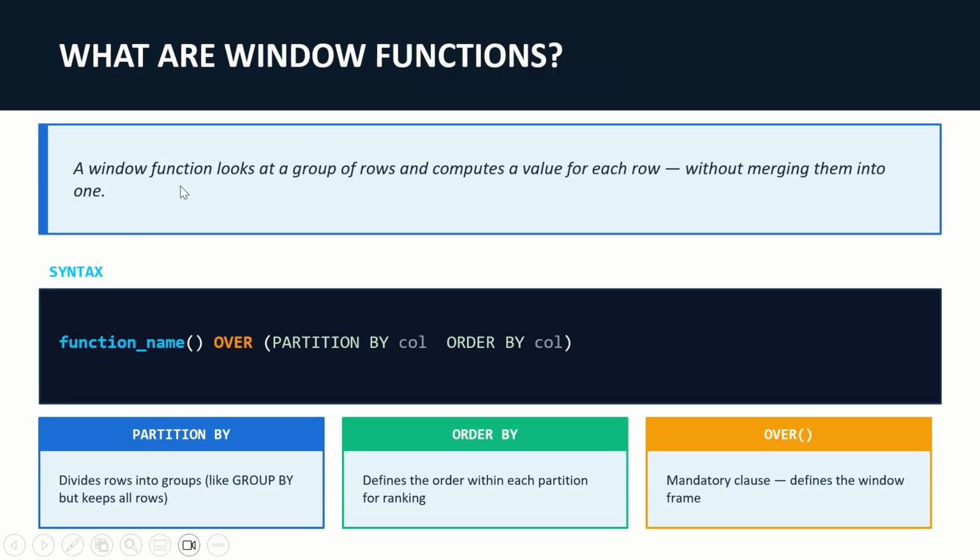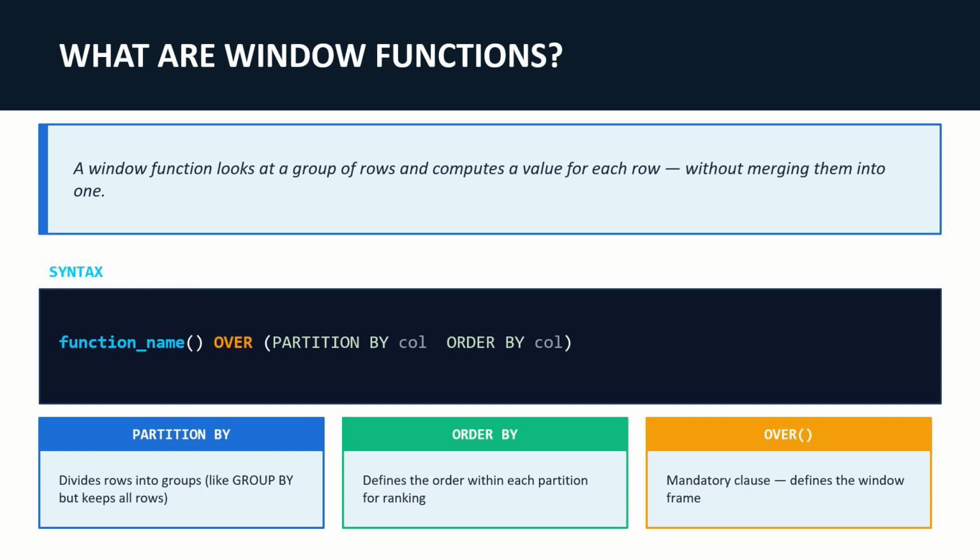So what a window function actually is, is that it looks at a group of rows. By saying that it looks at a group of rows, it means that we can also have a partition or window. Basically it makes a window for particular rows, and it computes a value for each row within that particular partition.